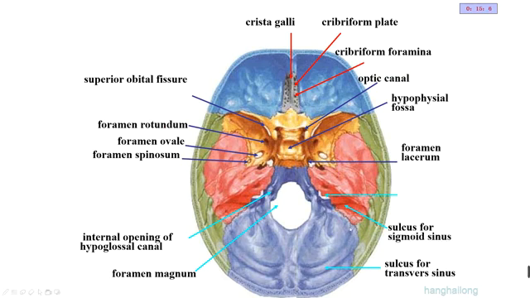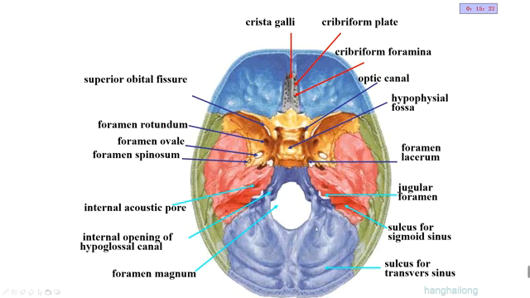And then the sinus goes back to the internal jugular vein. So here is the jugular foramen. And here is the medial surface of the petrous part of the temporal bone. There is a pore, the internal acoustic pore. Okay, this is all the structures on the base of the skull.